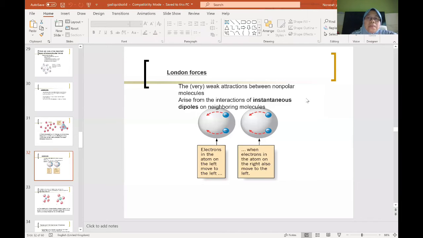Next one is London forces, or known as van der Waals interaction. Van der Waals does not just happen to polar molecules, but it can also happen to non-polar molecules. What happens is the movement of electrons.